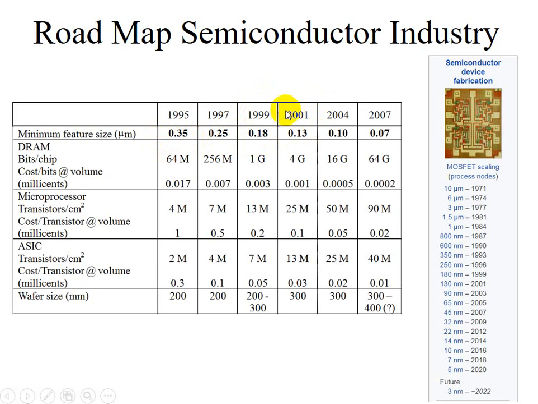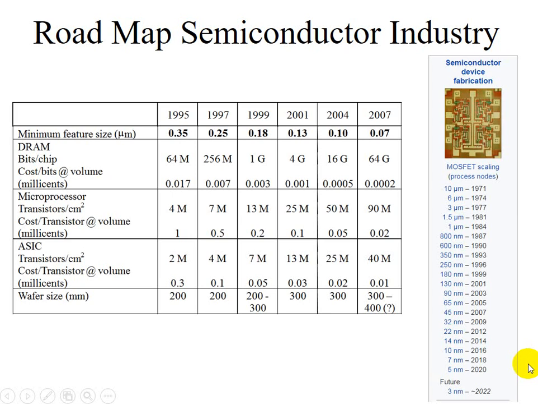And in 2001, 130 nanometer technology. This is the so-called technology node, or the resolution, of an IC fabrication process. And right now we are talking about 5 nanometer or 3 nanometer. They are pushing the limit to about 2 nanometers.